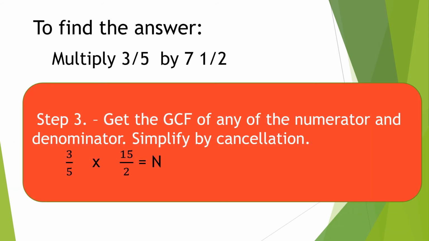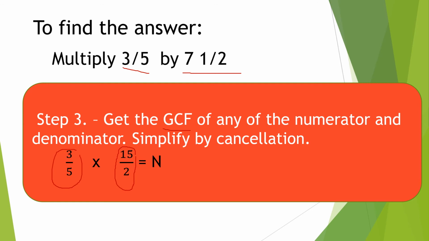Okay, so the third step, get the GCF of any of the numerators and the denominators, then simplify by cancellation. So we know already that the improper fraction of 7 and 1/2 is 15 halves. So we have here 3/5 times 15 halves. So we have the GCF for 15 and 5.